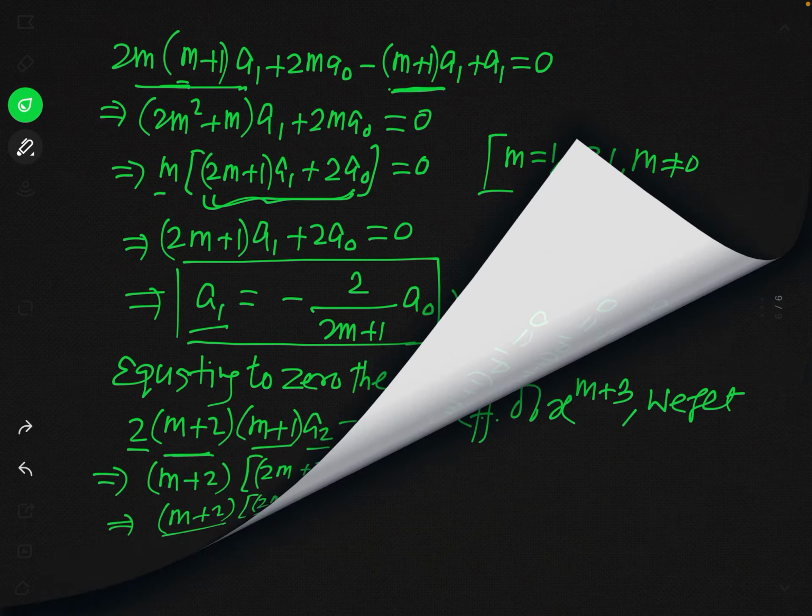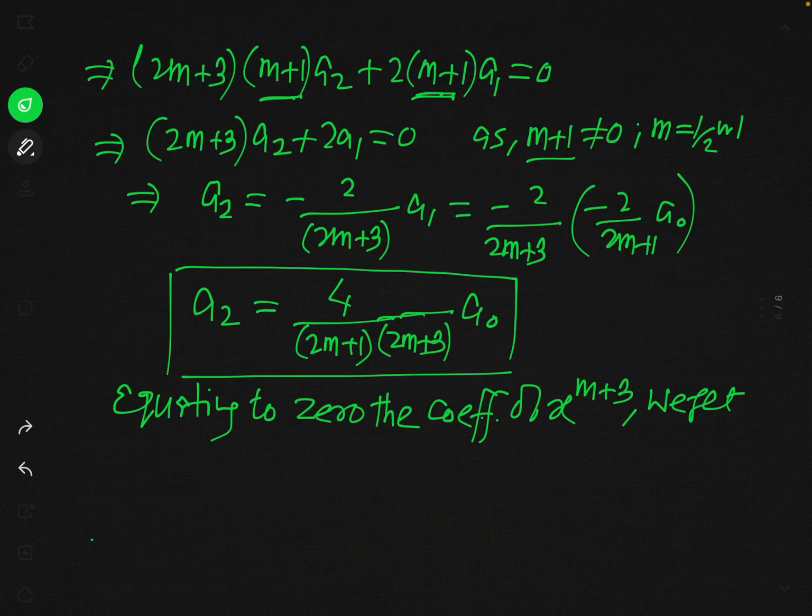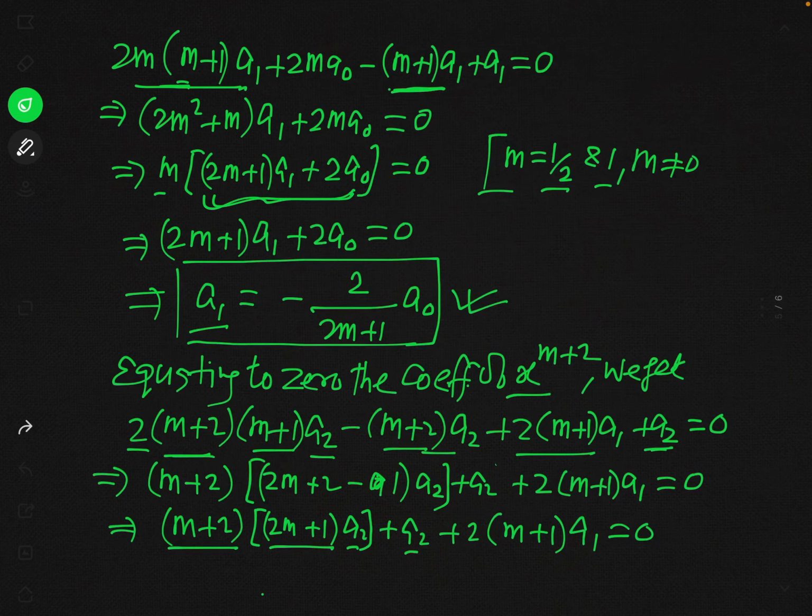So first of all we will write it: 2 into m plus 3 into m plus 2 into a3.